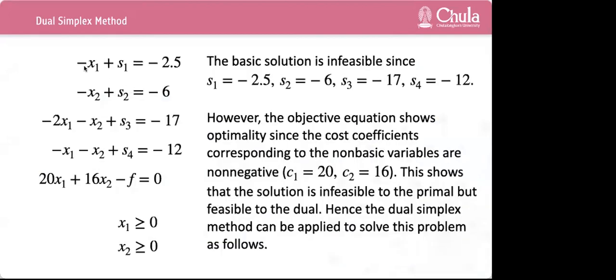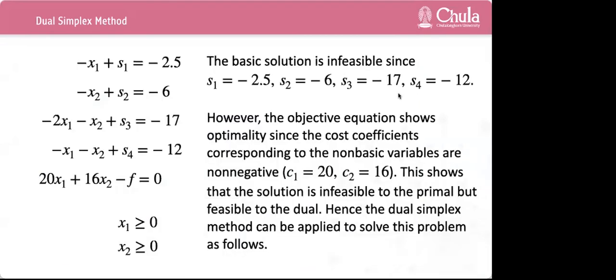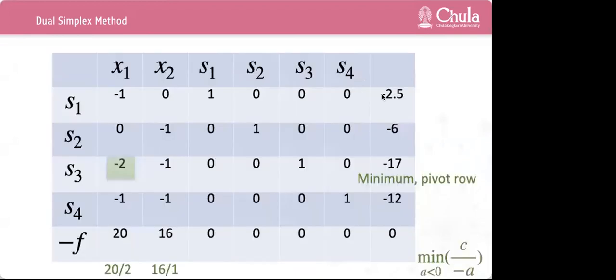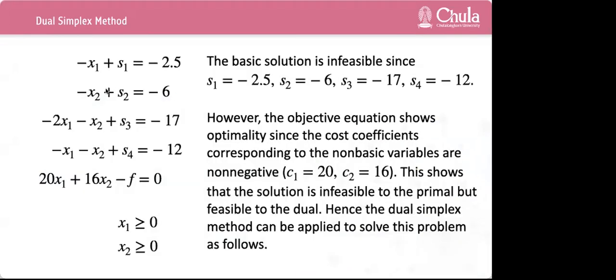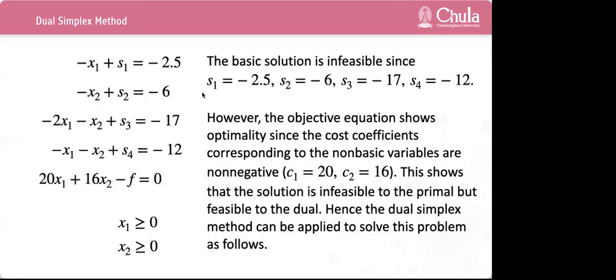From the first one we have -1, the rest becomes 0 except s1, which is 1, and the right hand side is minus 2.5. For the second line, the first coefficient becomes 0, and then it's -1, the coefficient of s1 becomes 0, we have only 1 on s2, the rest becomes 0, and the right hand side is -6.